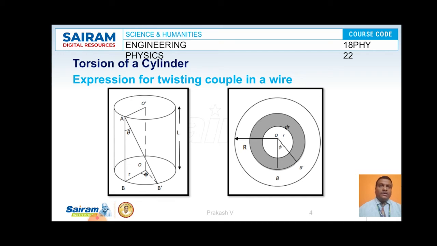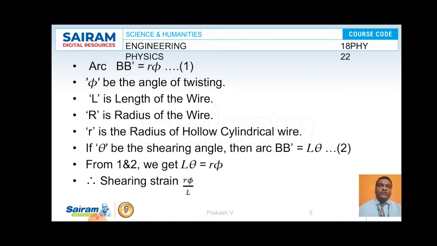So these were all the information about this solid cylinder, which is fixed at one end while the other end is subjected to a shearing force. The arc BB dash is found to be r phi, where phi is considered as the angle of twisting, capital L is the length of the wire, capital R is the radius of the wire, small r is the radius of the hollow cylindrical layer, and theta is considered as the shearing angle.